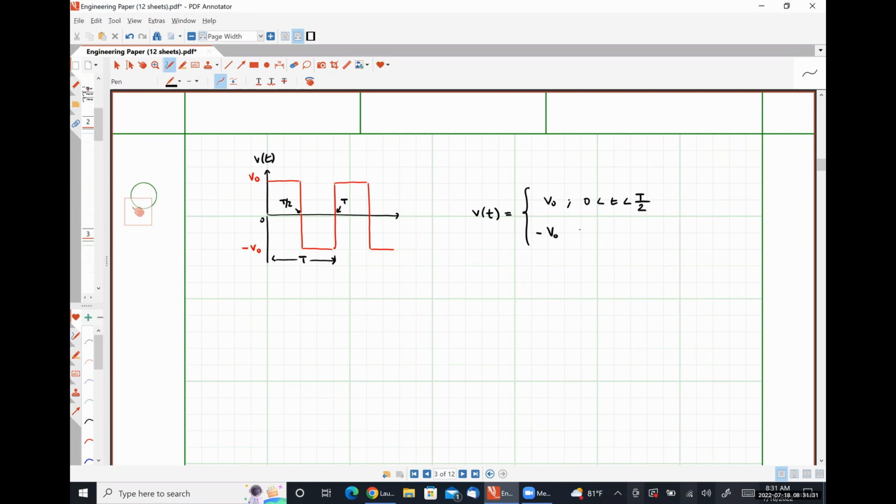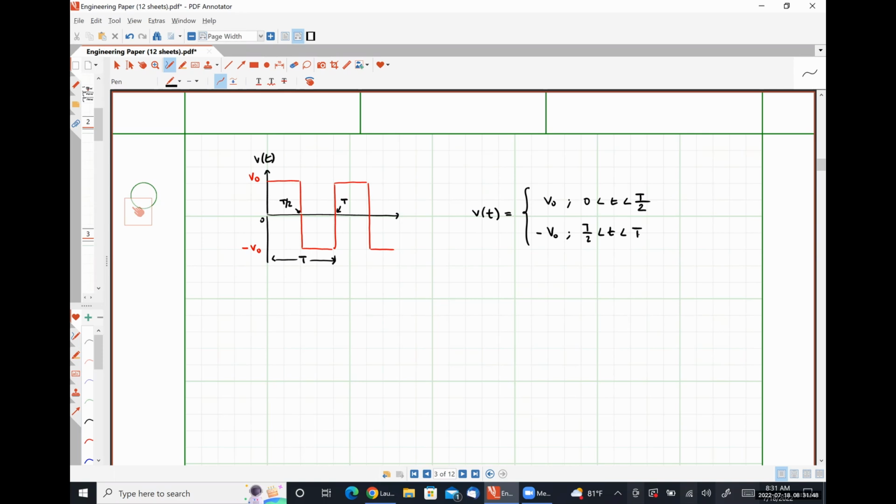And it could be described as negative V naught for capital T over 2 less than t less than capital T. This is how our voltage is defined over exactly one period.